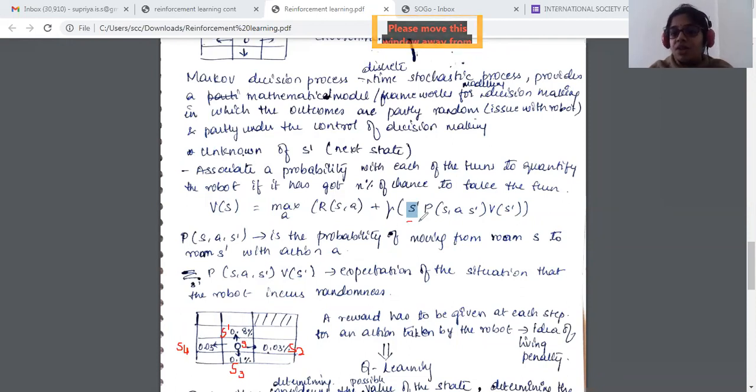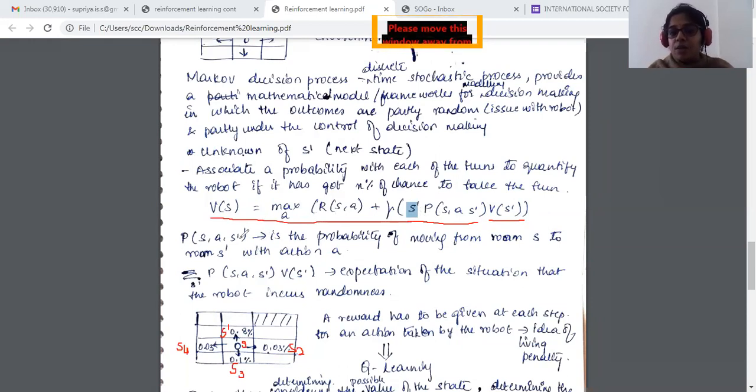I'm going to write that within this single term, writing as the sum over S dash of probability of S comma A comma S dash. And I already know the value of S dash. Okay. So I'm reframing the Bellman equation with these terms because I'm adding a probability term into the picture. So I'm going to add this probability term and write it.